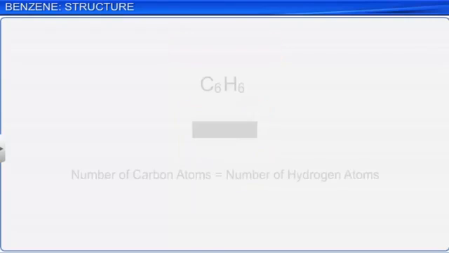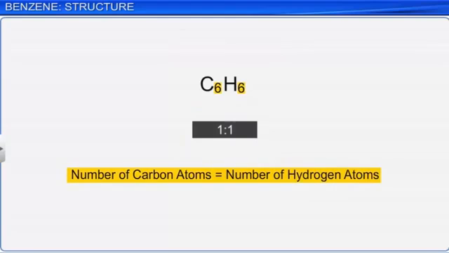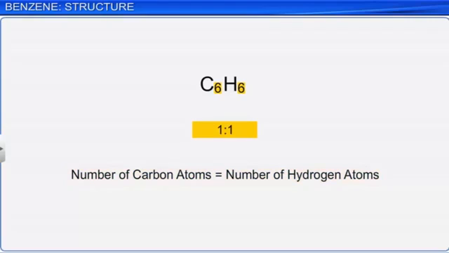The ratio of carbon to hydrogen in benzene is the same. That is, 1:1, which is evident from its molecular formula C6H6. This fact tells us that it is a highly unsaturated compound.